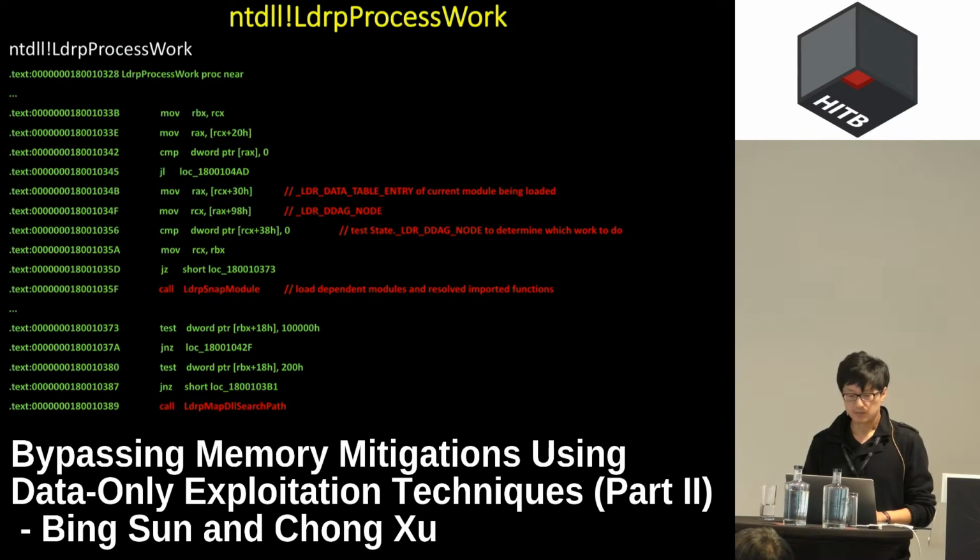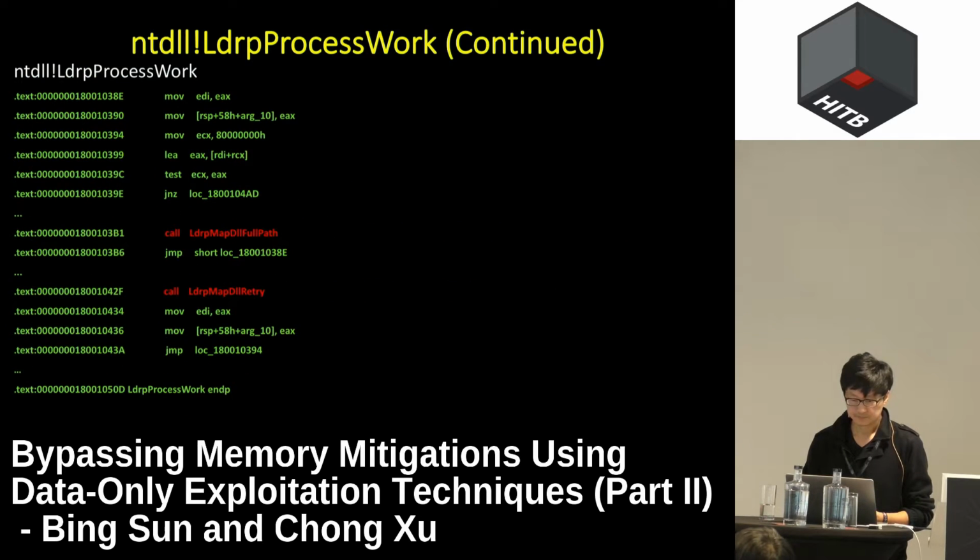LdrpProcessWork processes one single work, such as the work of module mapping or module snapping. And this function can be called in both synchronous or asynchronous mode. This is the process for module mapping, as you can see.